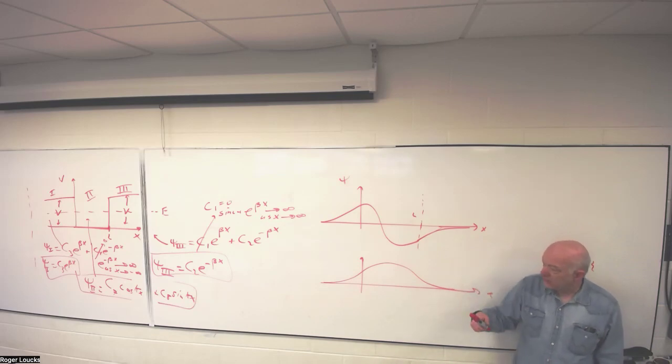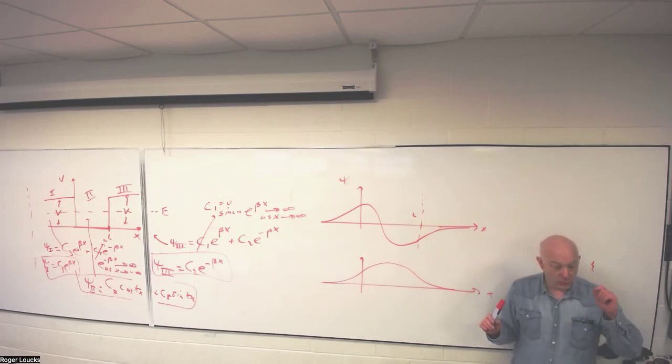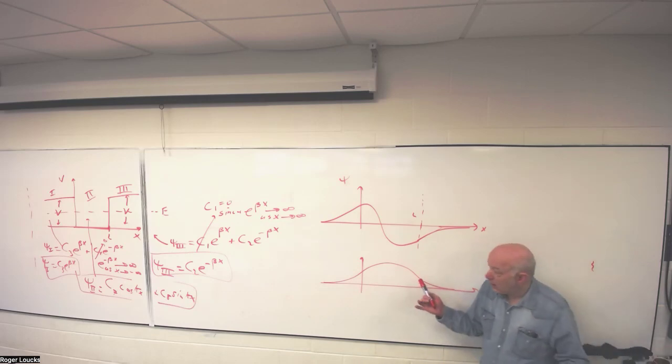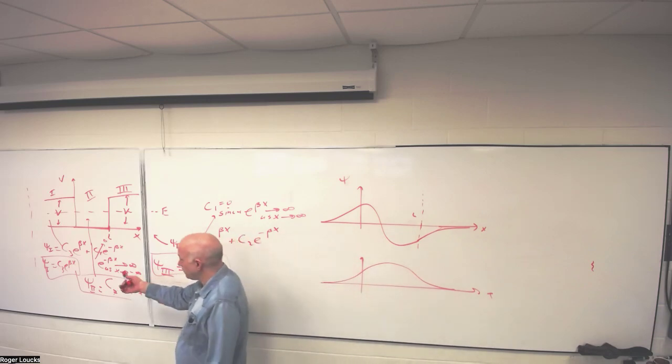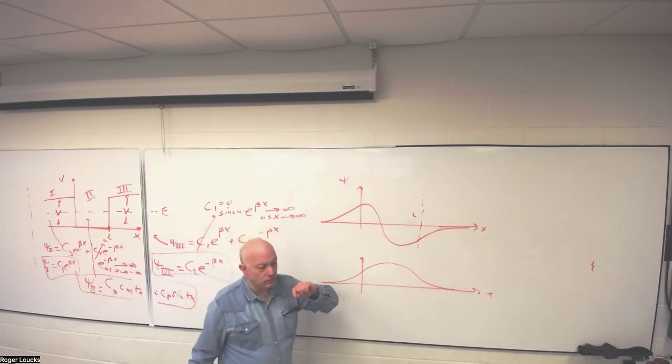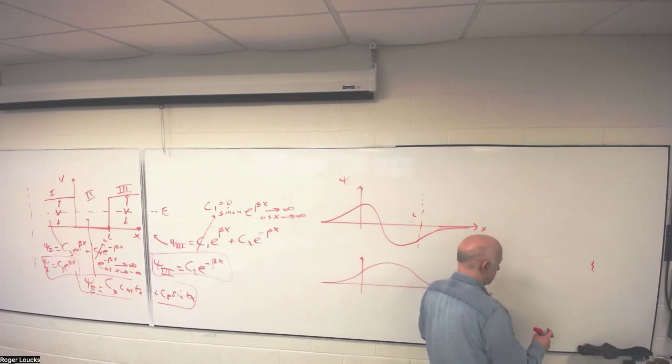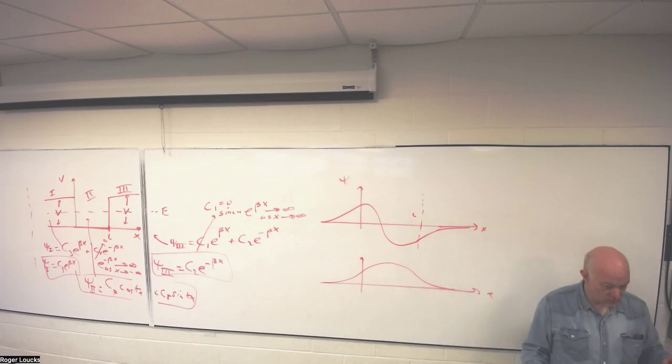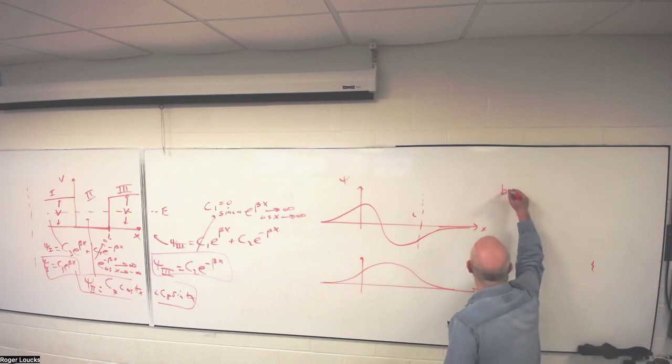Now we're going to give these different names here, but I want to set up the boundary conditions. Now, what were our boundary conditions on psi? We said one is that psi has to be finite, and so that got rid of terms here and here. But what were our other two conditions? That psi has to be continuous at the boundaries, and its derivative has to be continuous too. So there are actually two boundary conditions here.